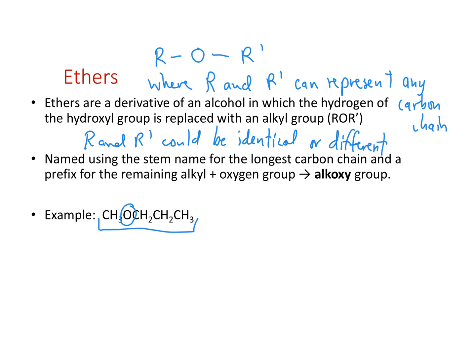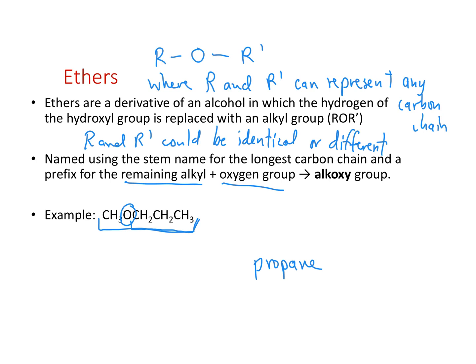And we name these by naming the longest carbon chain first, right? So that's the base name, the longest carbon chain. So the longest carbon chain I have here is 3 carbons. So 3 carbons is propane. And then the prefix is the remaining alkyl group. And once you add an oxygen, it goes from ethane or methane or propane to you add an oxy as the ending.